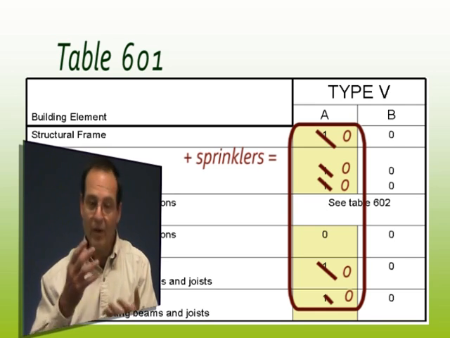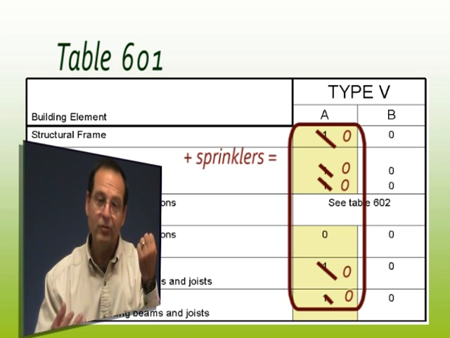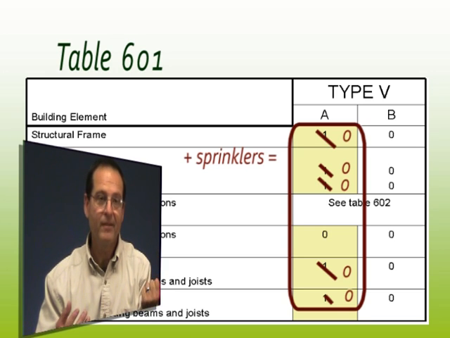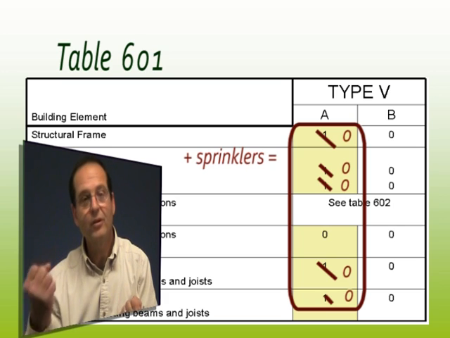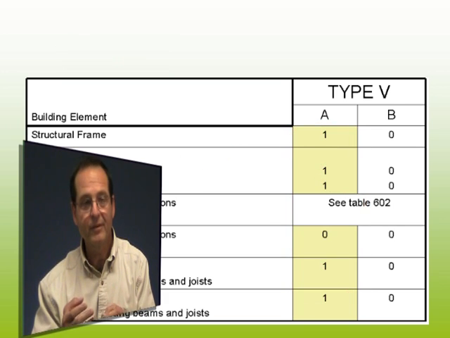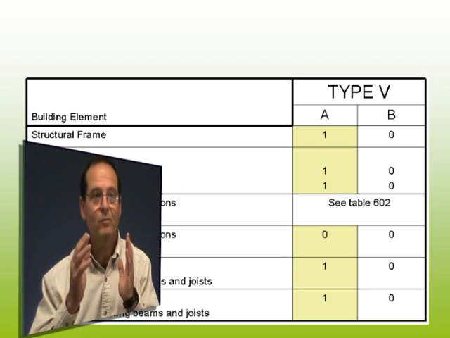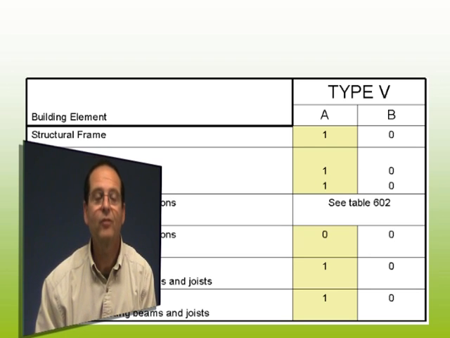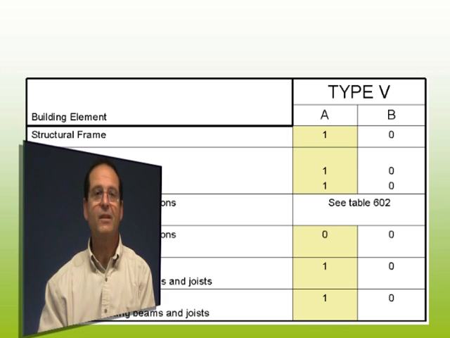So the code says you get one or the other. Either use it to increase your stories and your height, or you can use the sprinklers to decrease the rating of these various elements. One or the other. But right now we're setting it as 0 for all those elements. Continue on, please.